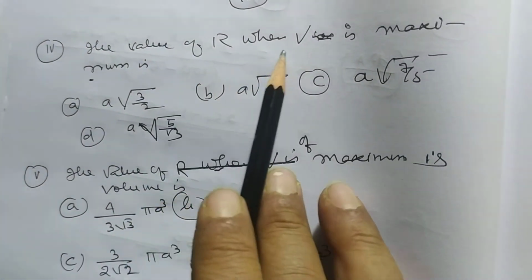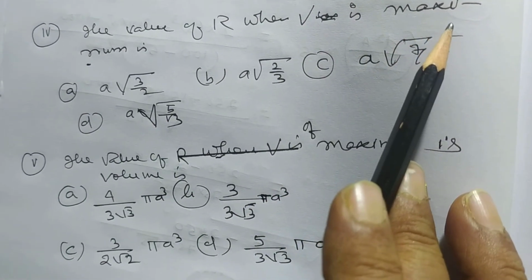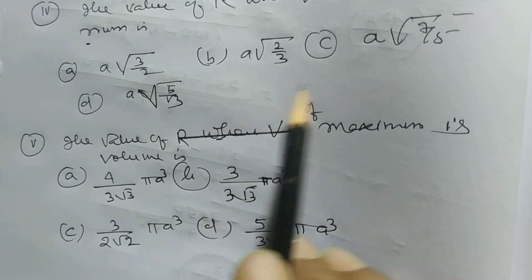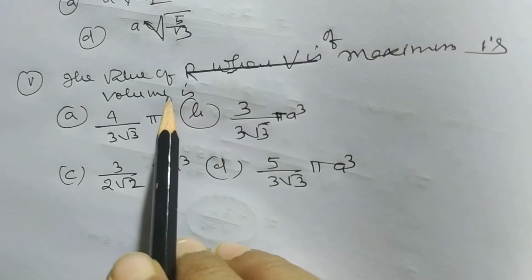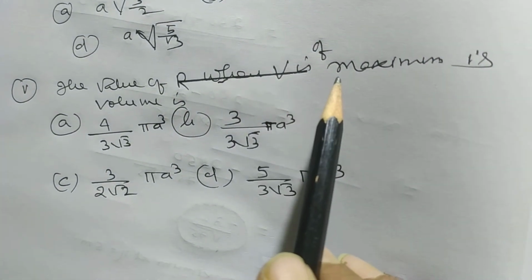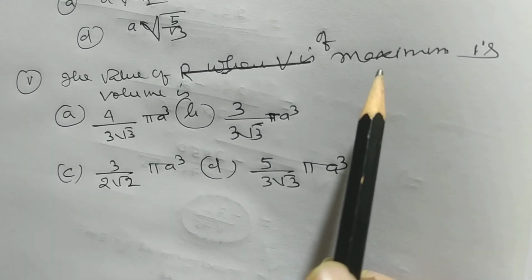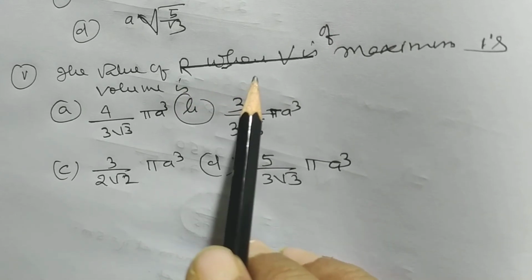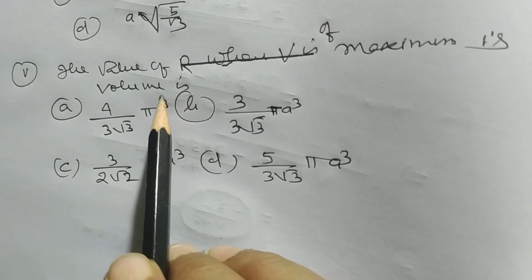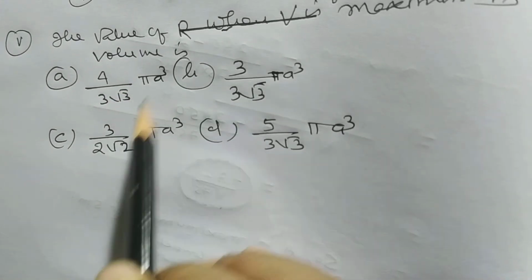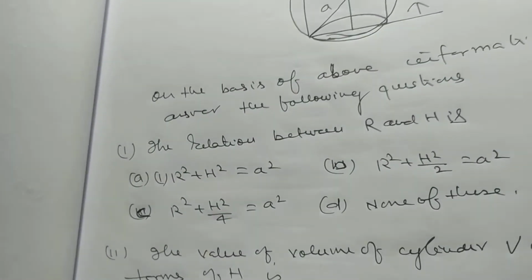The value of R when V is maximum is, there are also 4 options. The value of maximum volume is, there are also 4 options.